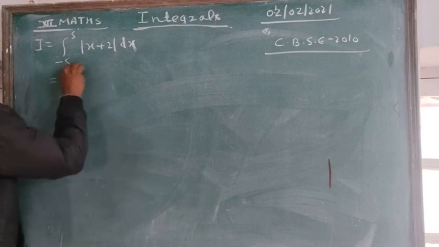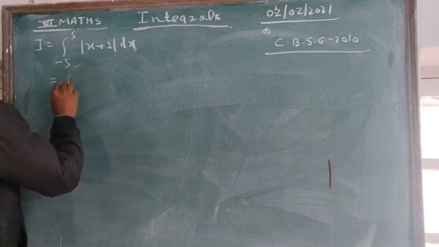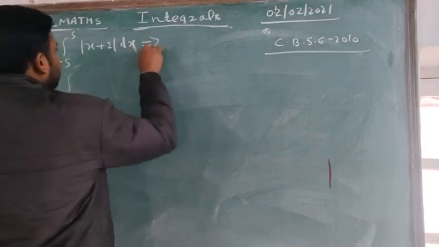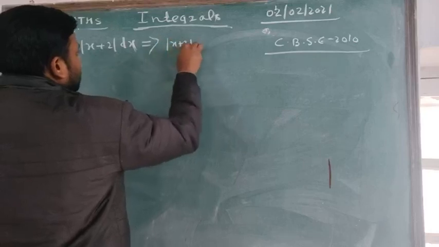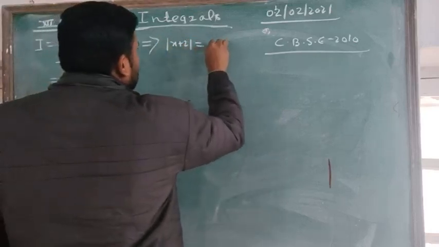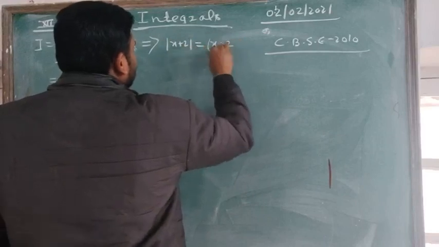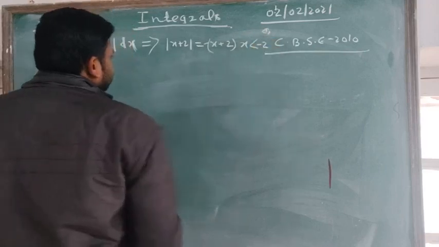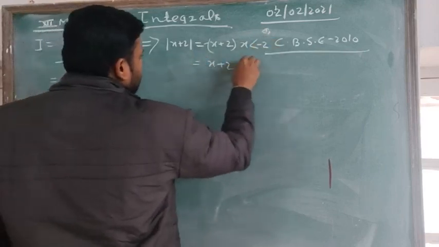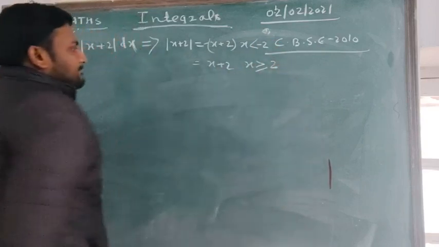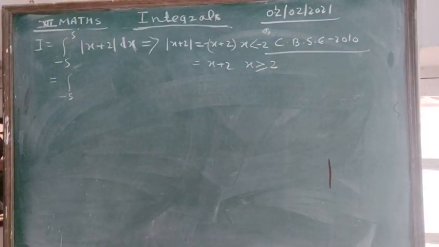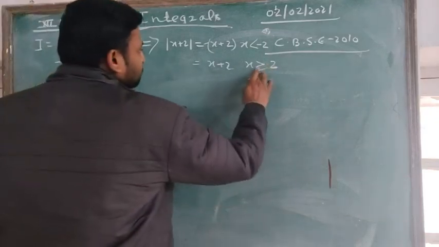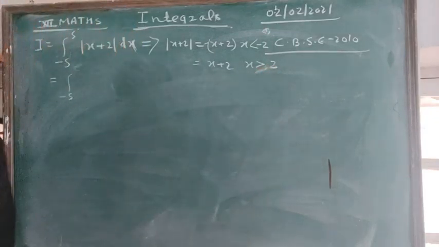integral from minus 5 to 5. Here, students, we can write modulus (x plus 2) as negative of (x plus 2) when x is less than minus 2, and x plus 2 when x is greater than or equal to minus 2.